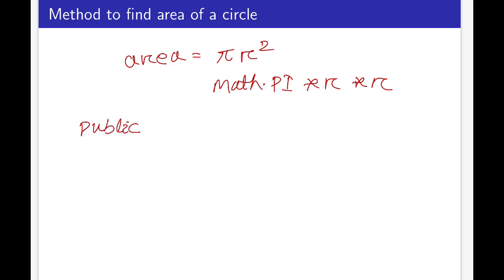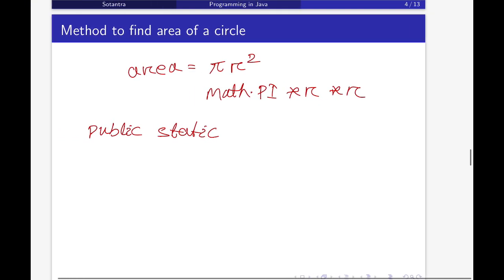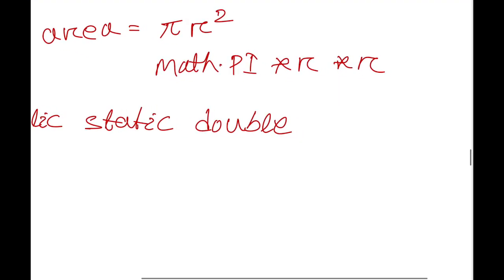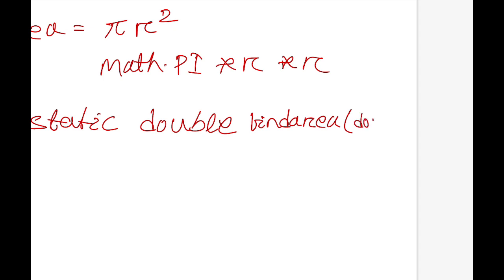First the modifiers, public static, then double, because the area may be double, and the method name is findArea, then double r as the parameter.